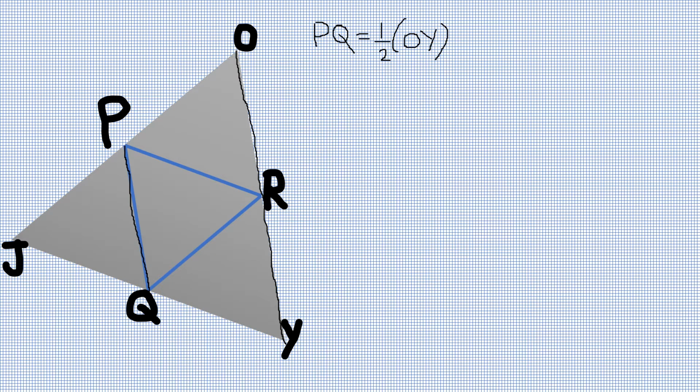Next, midline PR. Line segment PR is parallel to our side JY. So we have PR equals 1/2 of JY.